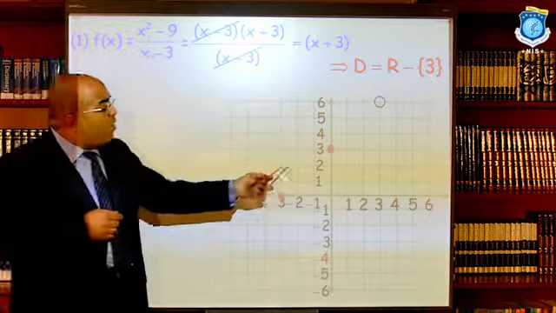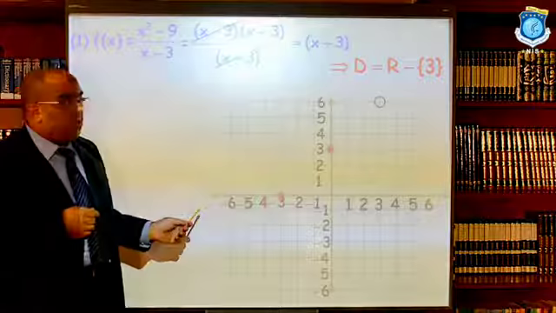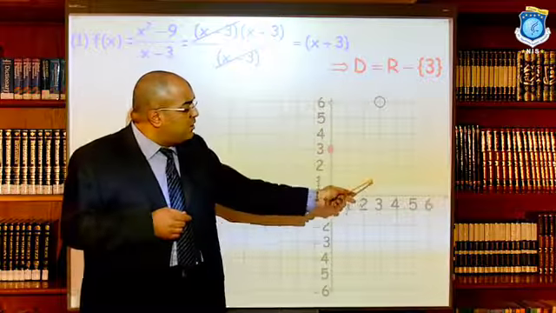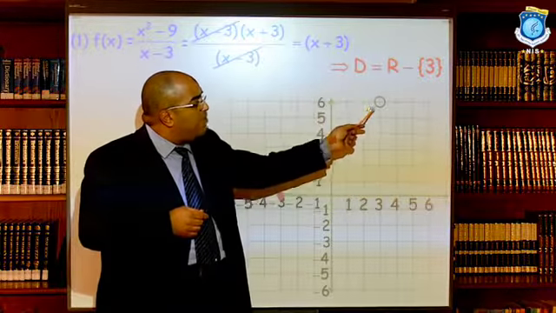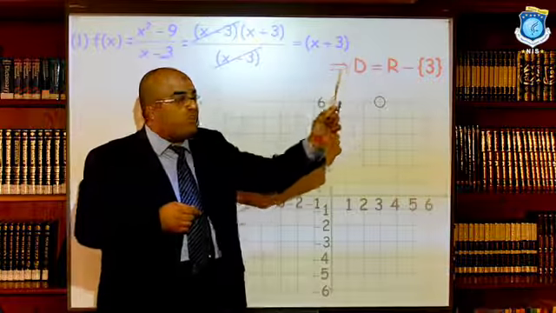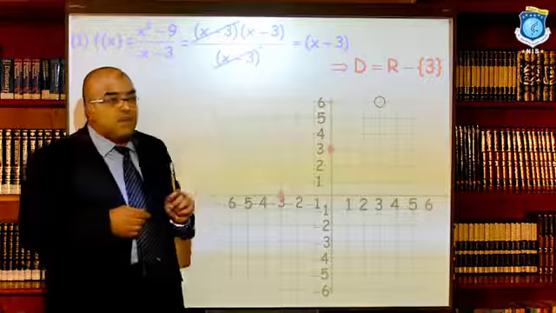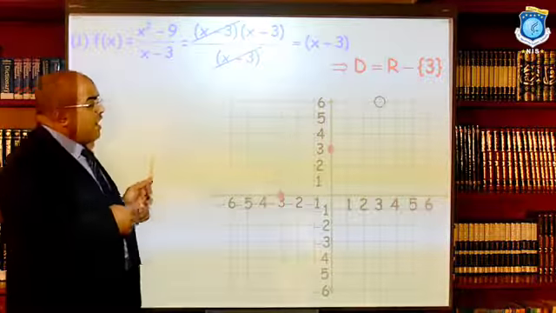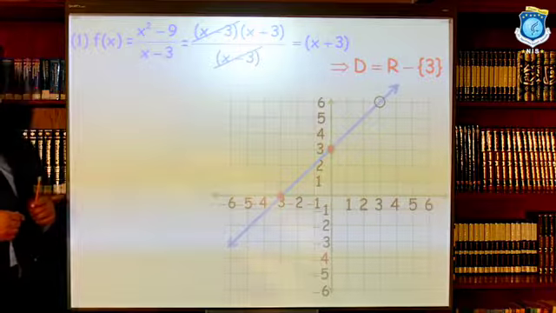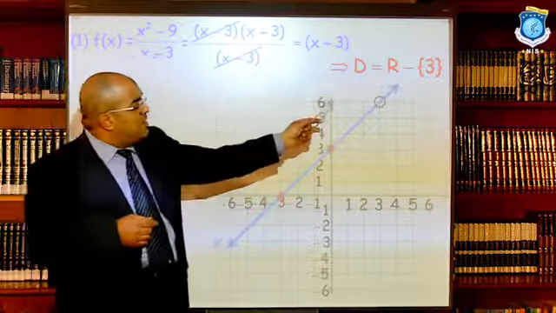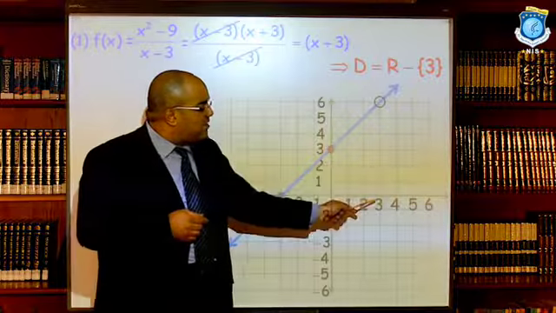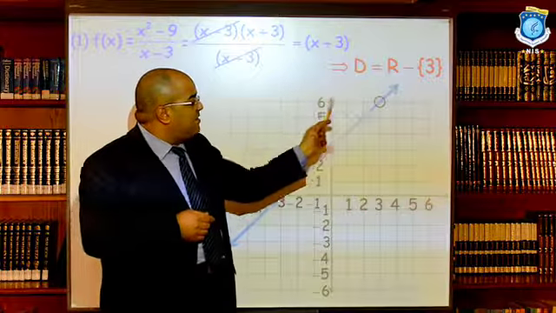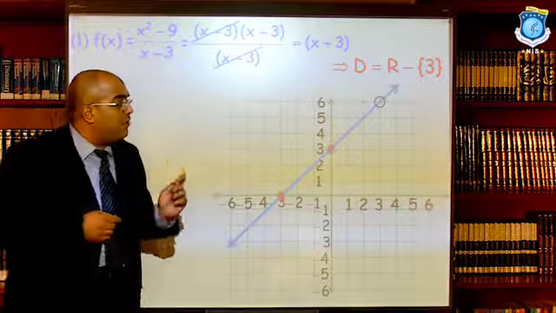So here we have 3 non-collinear points, but in front of 3 we have a gap, because 3 doesn't belong to the domain and 6 doesn't belong to the range. Now the straight line will be as it is, and don't forget this gap means that 3 doesn't belong to the domain and 6 doesn't belong to the range.